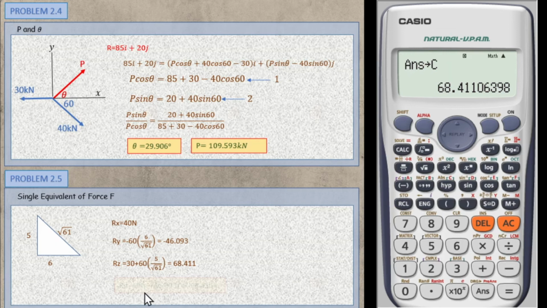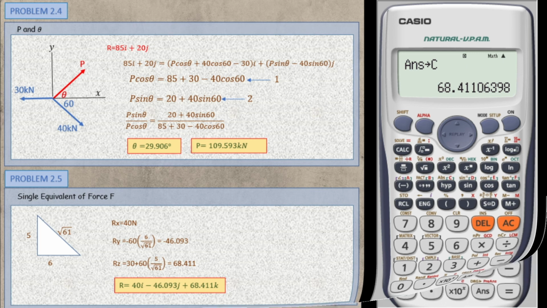And there, we can formulate our single equivalent force, which is 40i, and then negative 46.093j, and then positive 68.411k. Okay, so that will be our single equivalent force.